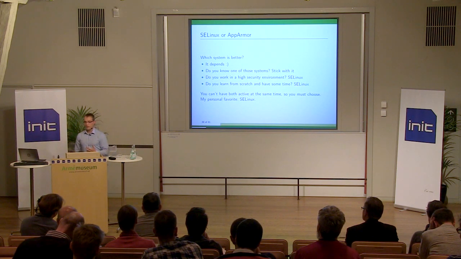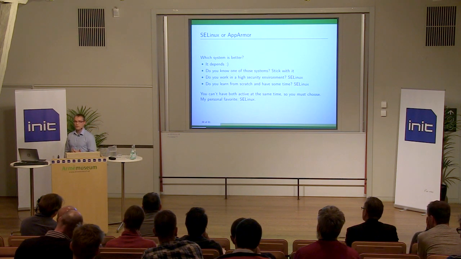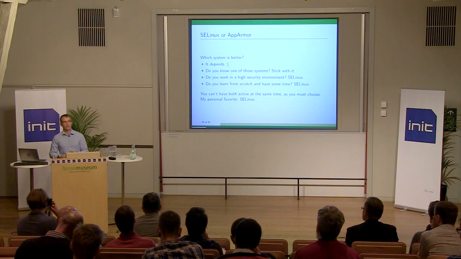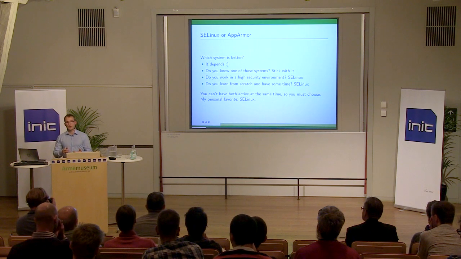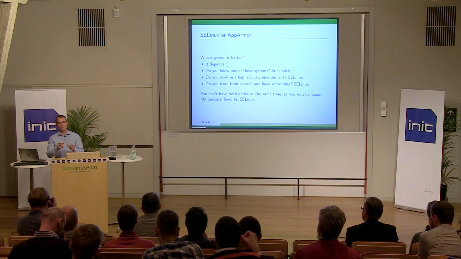With SUSE, we support and use AppArmor and the main reason there is people can actually use AppArmor. If you type in SE Linux and you have autocomplete active by Google, then you will see the suggestions disable, remove. This is the thing that people Google for.